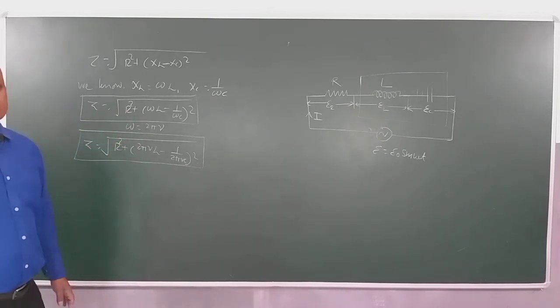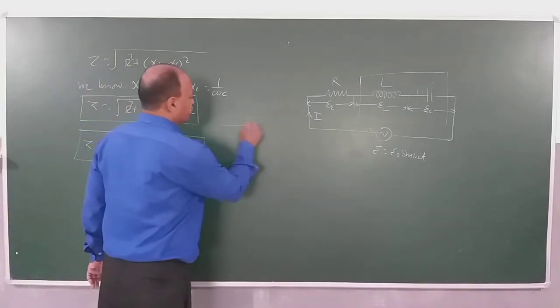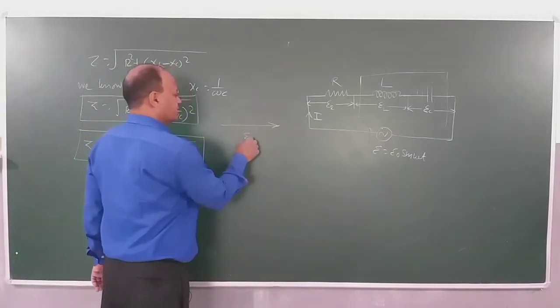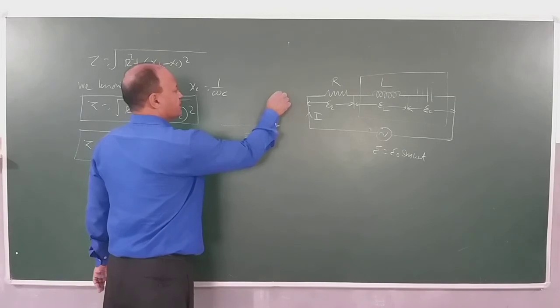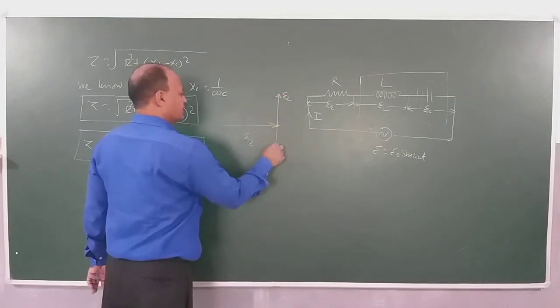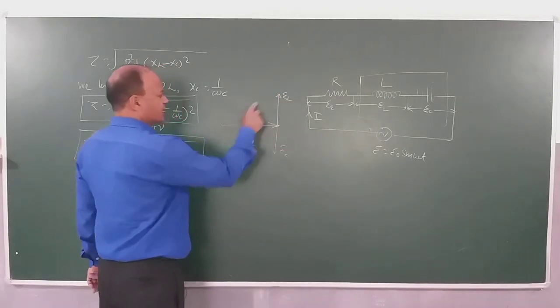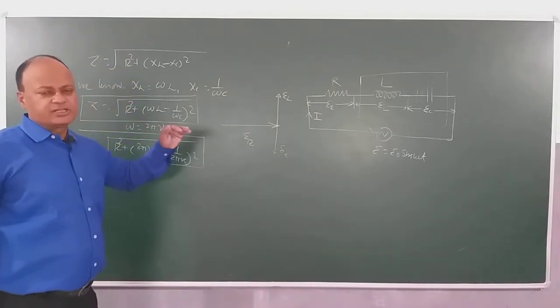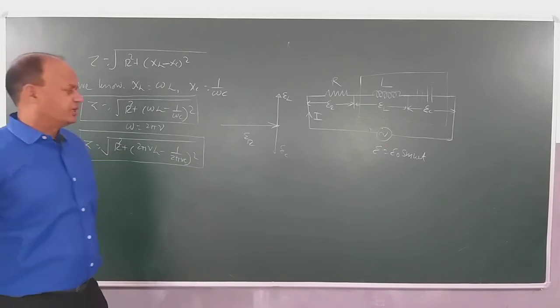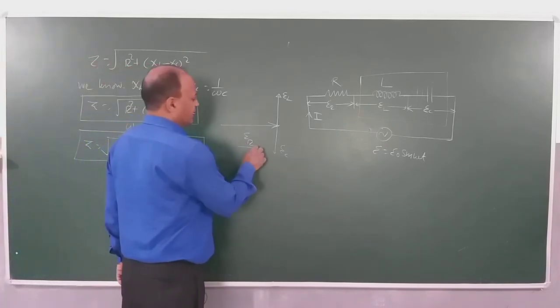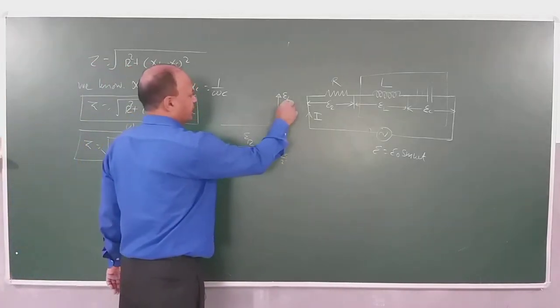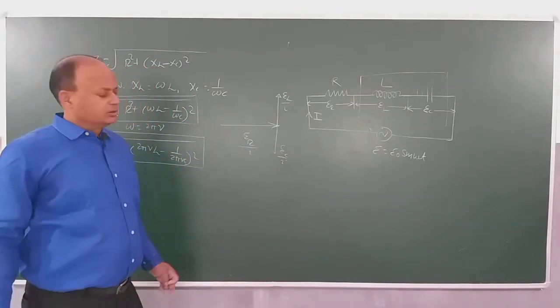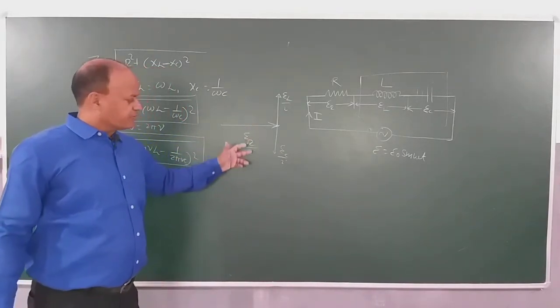Now, this relation that we derived, we can also derive in terms of the vector diagram. Let's look at the vector diagram. This is ER, this is EL, and this is EC. If we divide all by I, the potential difference divided by I becomes what?